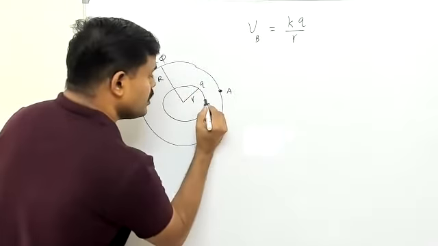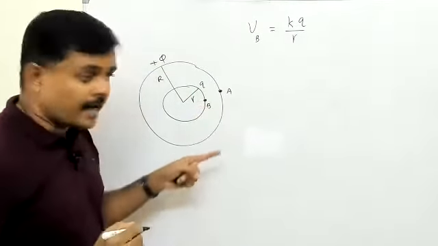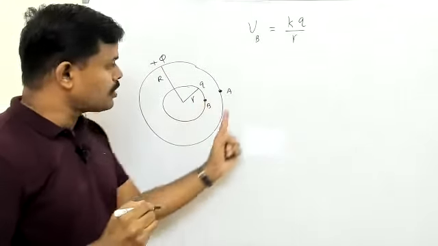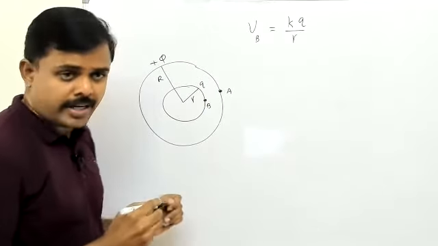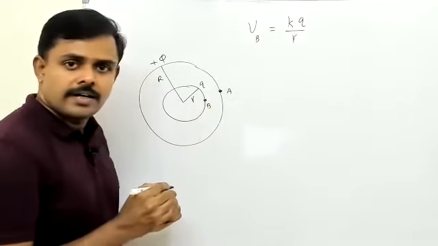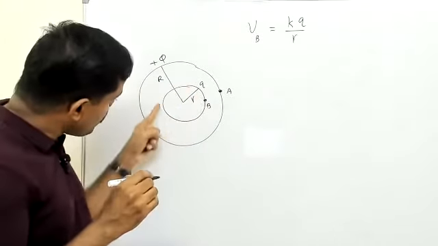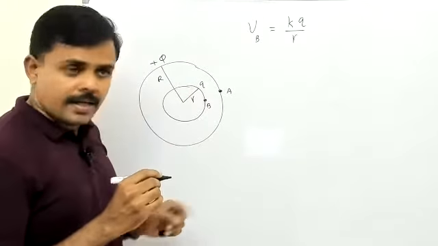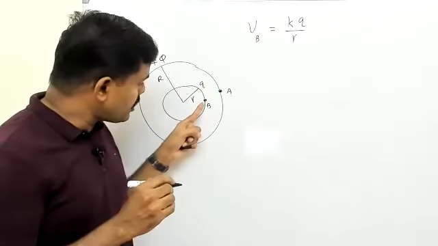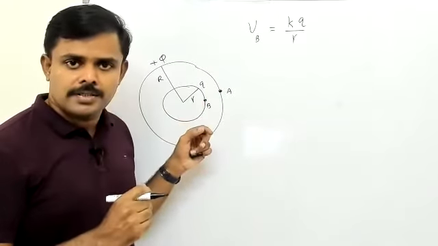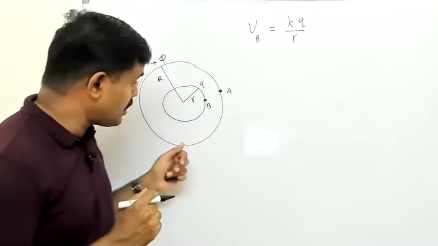This point is actually an inside point for the outer shell. Correct? This point is a surface point for the sphere and an inside point for the shell. So the potential at this point has two components. Which are they?